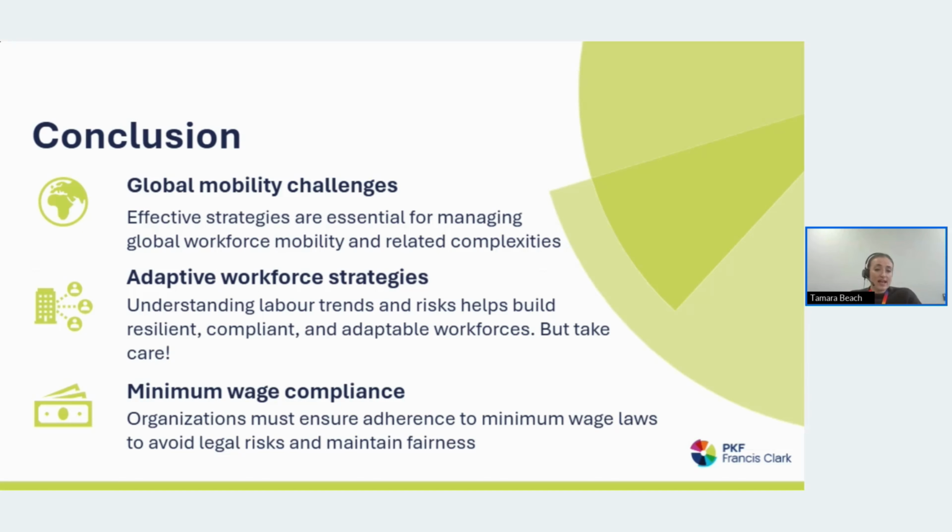And then finally, national minimum wage. Businesses must comply with minimum wage regulations to uphold fairness and mitigate potential legal exposure. Really easy pickings for HMRC, national minimum wage, and it's quite an easy thing for employers to make sure that they are getting right at the outset.